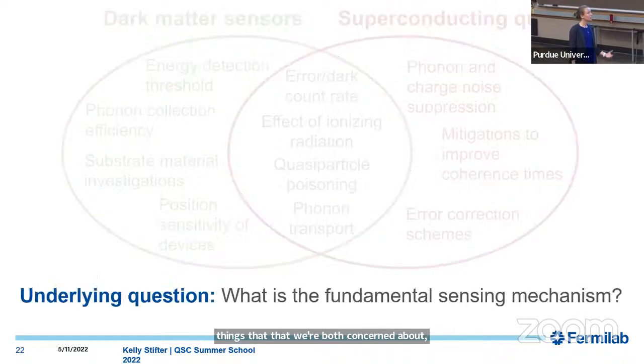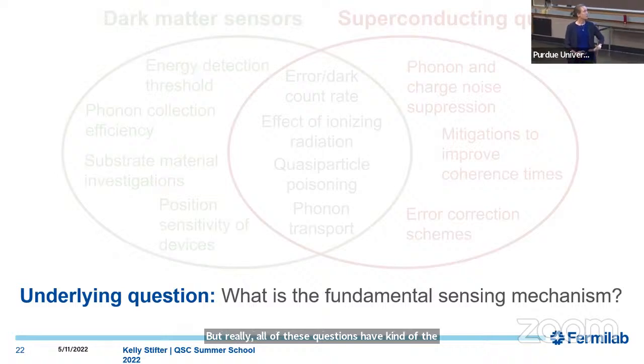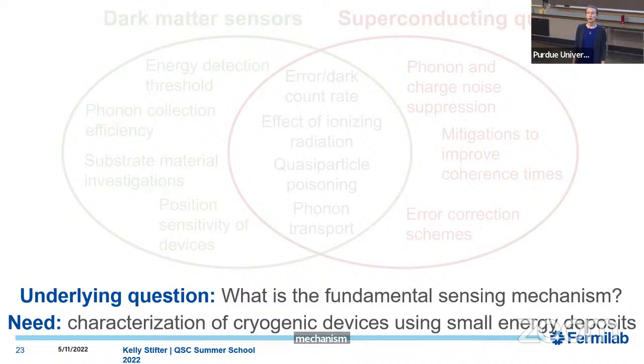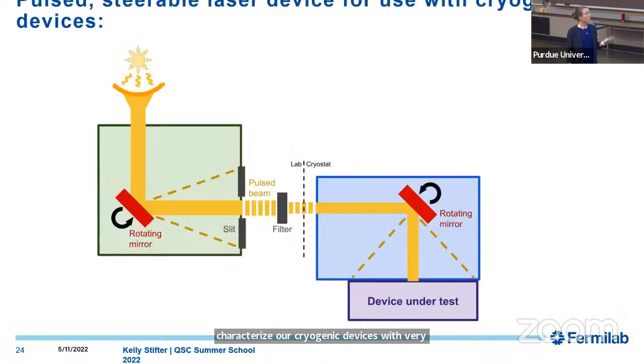But really, all of these questions have this fundamental underlying thing of what is the sensing mechanism. So what we'd really like to be able to do is characterize our cryogenic devices with very small energy deposits. So our solution to this problem is a pulsed steerable laser beam that we can use with a wide variety of our cryogenic devices.